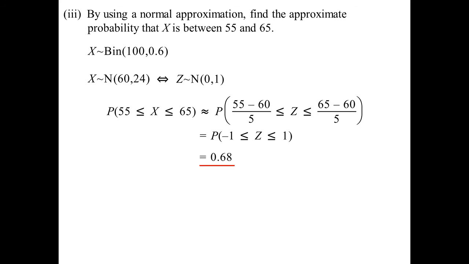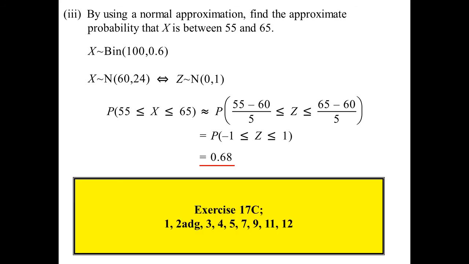Now, that meant, because it was exactly one deviation, we didn't have to do any calculations, because we know that 68% of the data would be in between one deviation above and one deviation below the mean. And that information's even on the reference sheet, so you could have just looked that up and got 0.68. Okay, here we go at 17C, where we're now going to use a normal approximation to our binomial distribution.